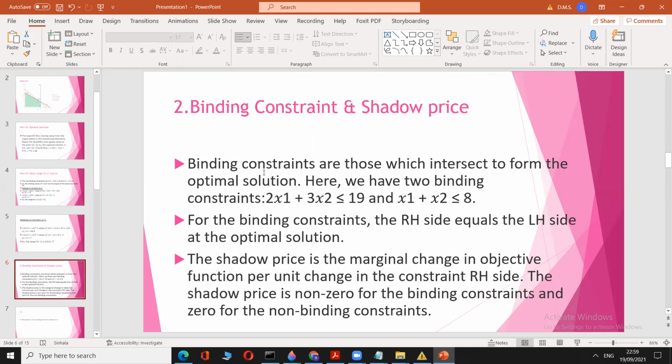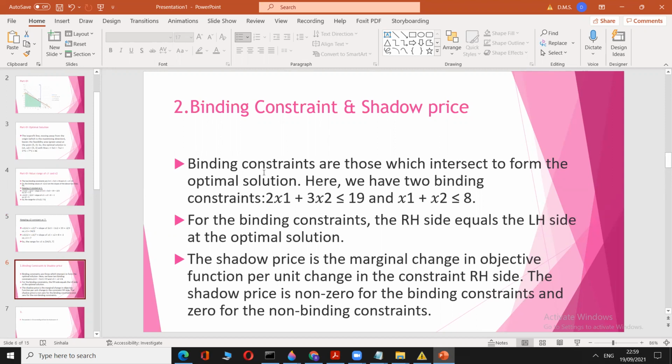We are calling it the optimal solution. So the binding constraints are those which intersect to form the optimal solution. That is the easiest way of explaining the binding constraint.